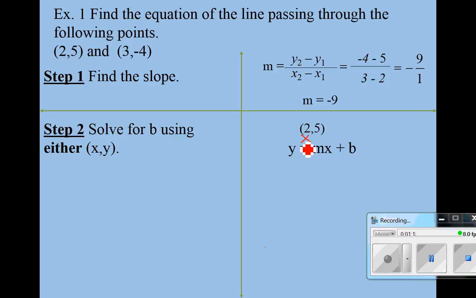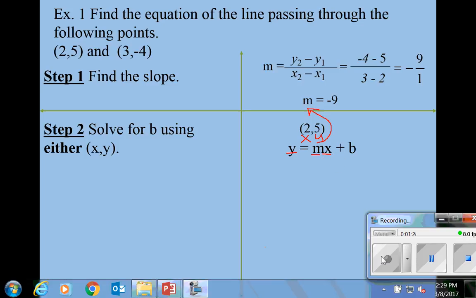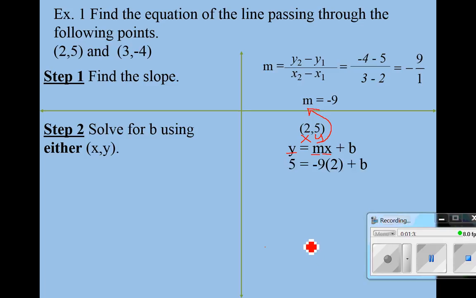I have x, I have y, and I have m that I just solved for. So I'm going to substitute the y, the m, and the x, leaving me with just the b to solve for.